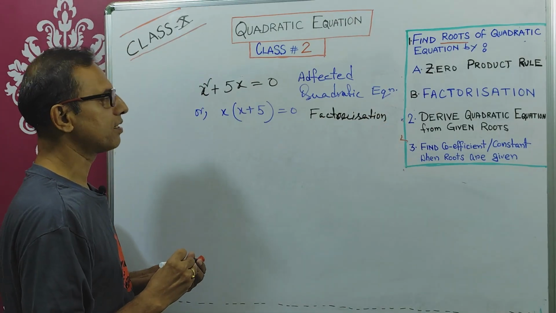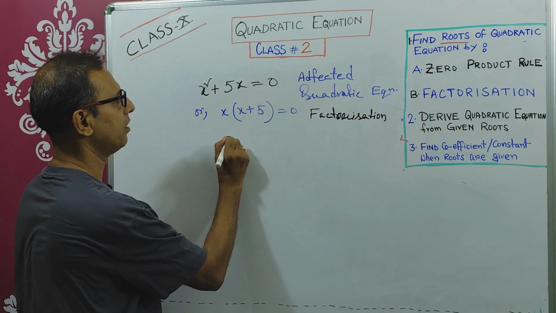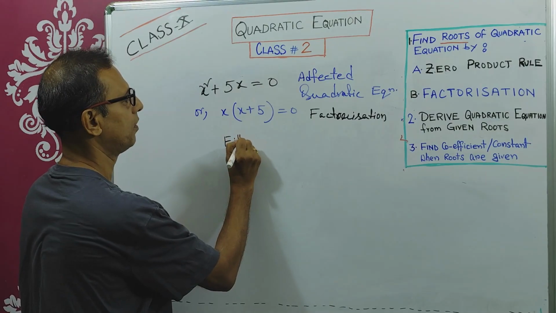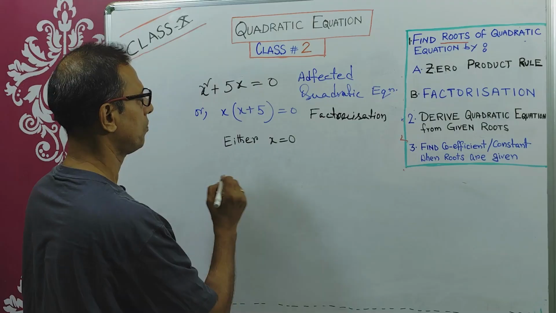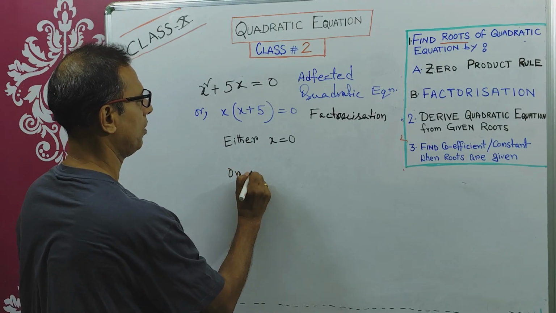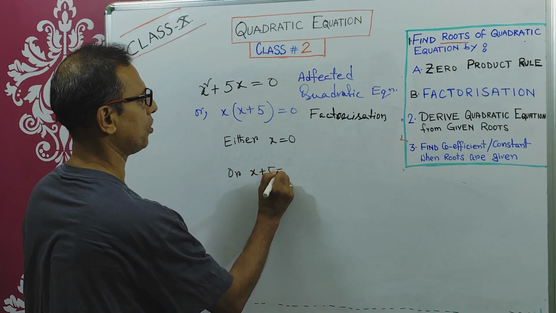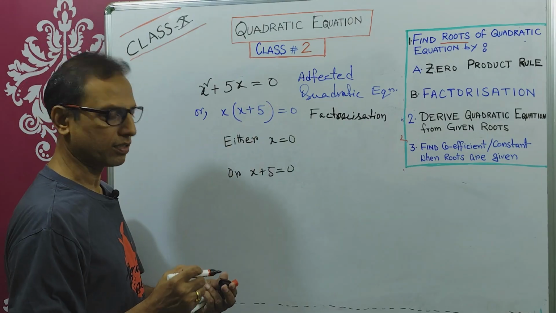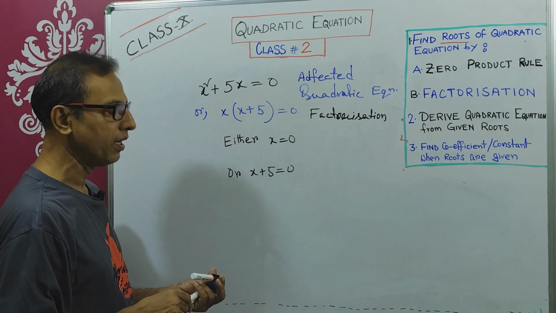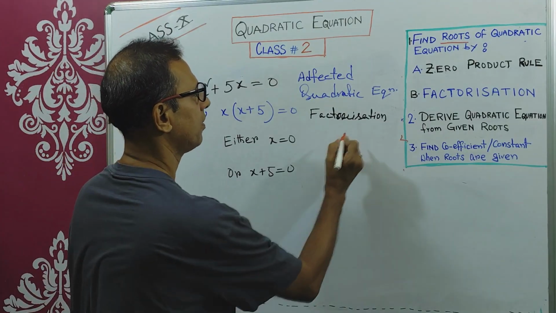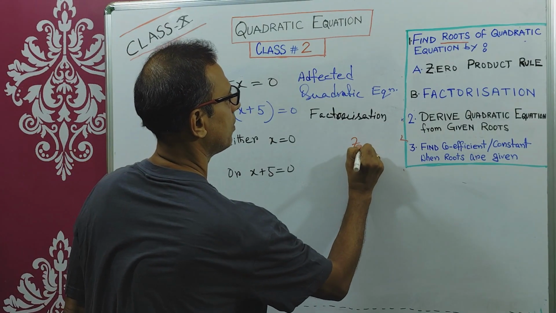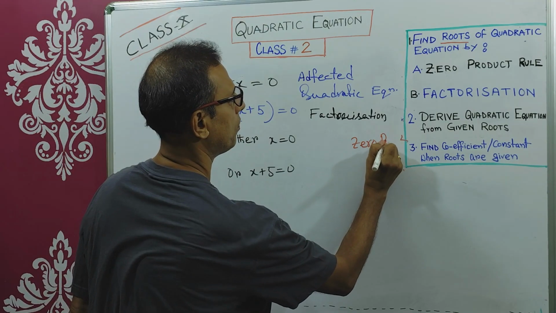Now you apply the zero product rule. Either x equals to 0 or x plus 5 equals to 0, because the multiplication of these two factors is 0. So at least one of them is 0. So here you are applying the zero product rule.